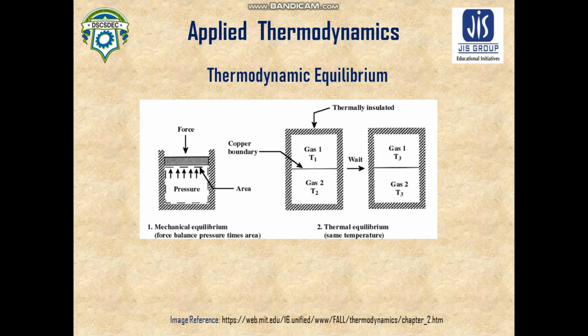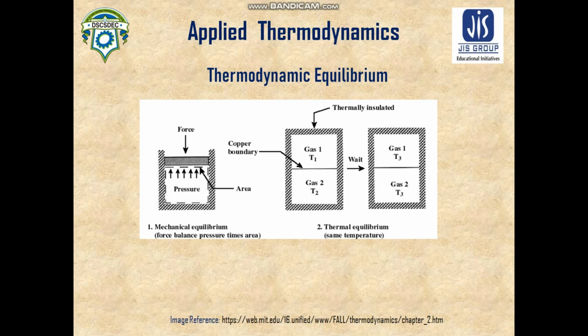Whenever there is some kind of interaction going on, the property values, whether intensive or extensive, keep continuously changing. Now what happens if we isolate them from the surroundings? There is no chance of interaction now.